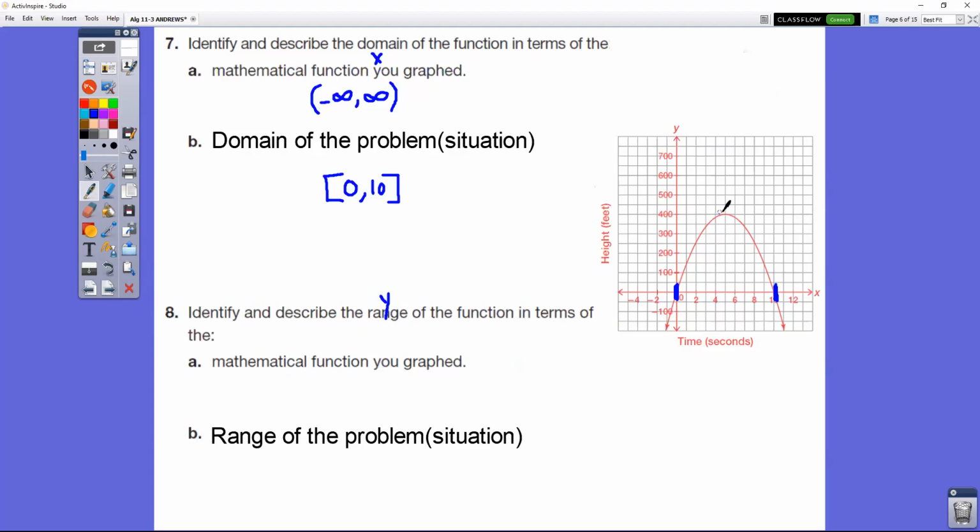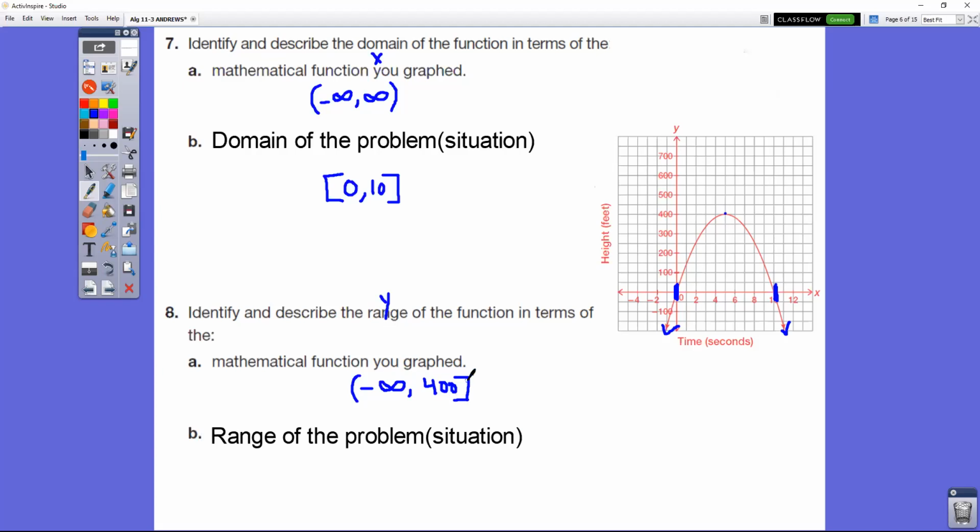The highest our graph goes is right here at 400. The lowest our graph goes, it keeps on going, right? Because we have these arrows at the end. So the range of our graph is negative infinity all the way up to a max of 400.